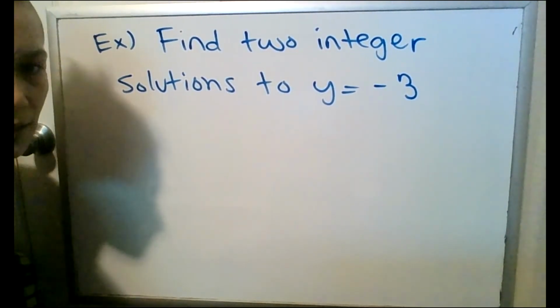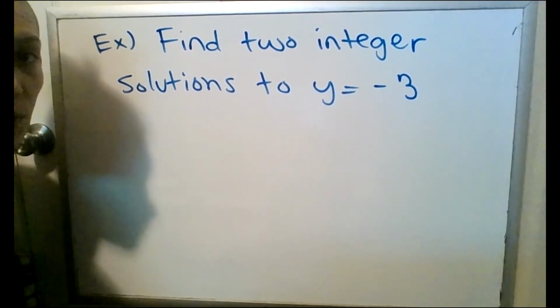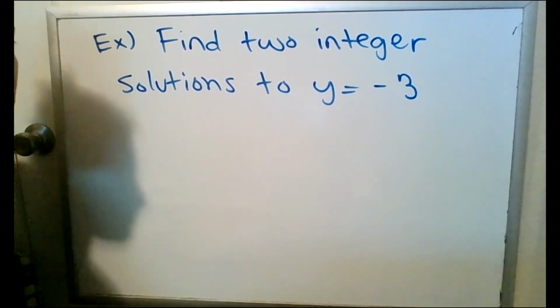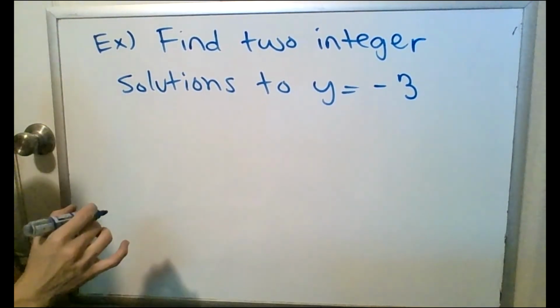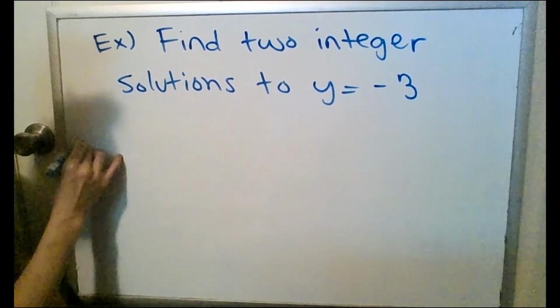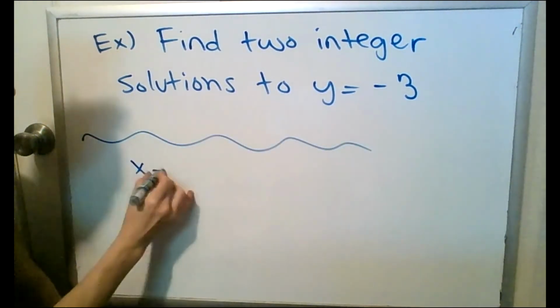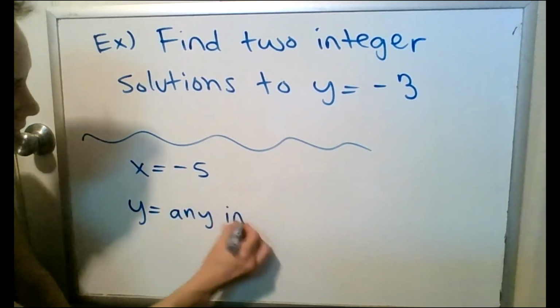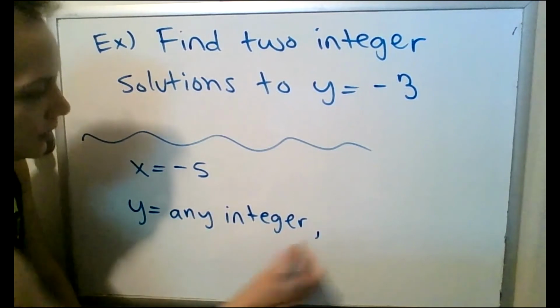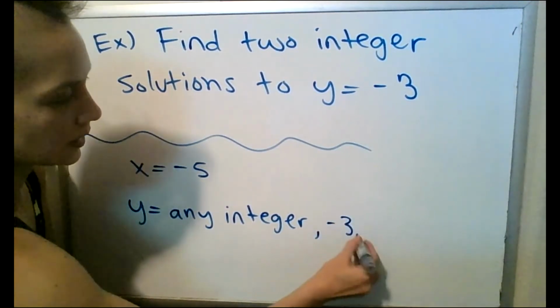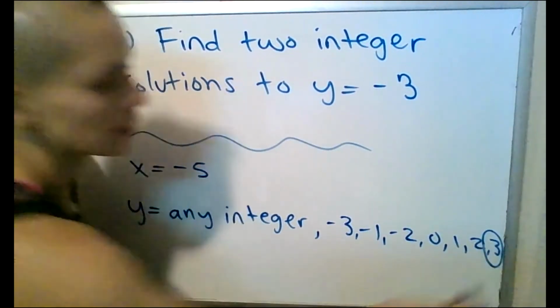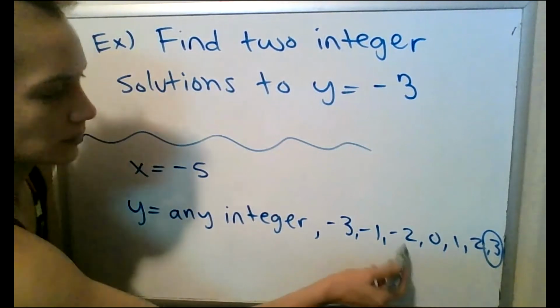Question. How did I get 3? Oh, I picked it. It can be any number as long as that number is an integer. So back to the previous problem, x is -5 and y equals any integer, which could be like -3, -1, -2, 0, 1, 2, 3. And I just happened to pick 3. But you can pick -2.